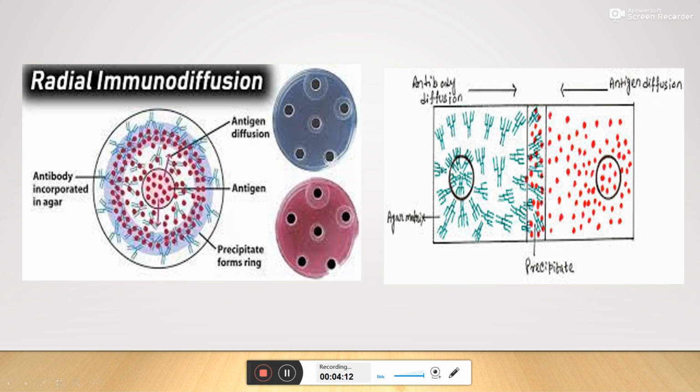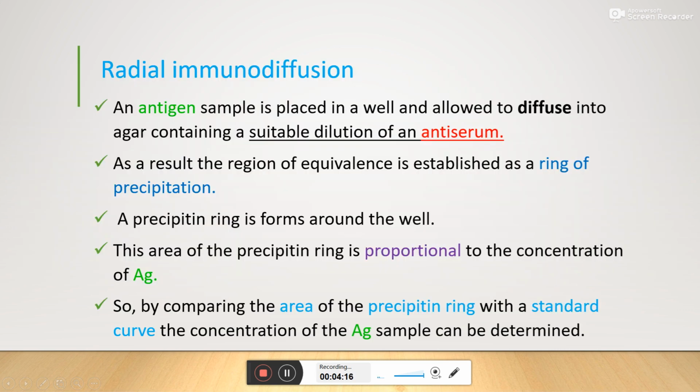That's why it is called radial immunodiffusion. The area of the precipitin ring is proportional to the concentration of the sample antigen we added. So by comparing the area of this precipitin ring with a standard curve, we can determine the concentration of the antigen in our sample.